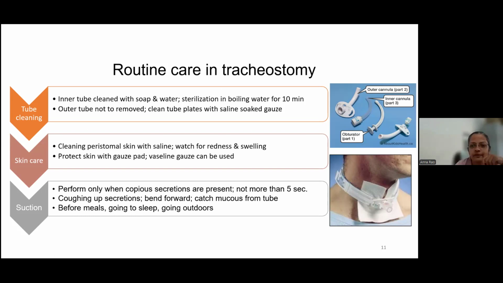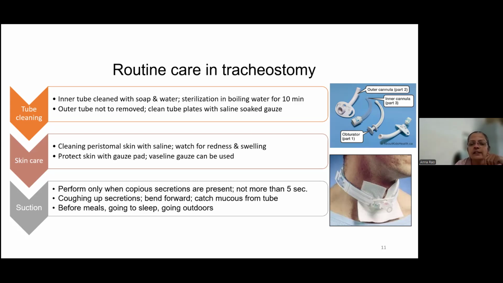Of course, there will be many factors which will affect that, right from the patient's willingness to learn, to whether the patient's health situation is allowing him to do so or not, and so many things. So always instruct that only the inner tube should be removed for cleaning, not the outer tube. Otherwise, he is going to land up in a major problem.